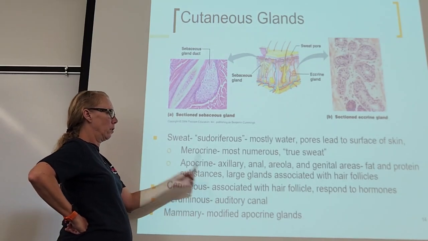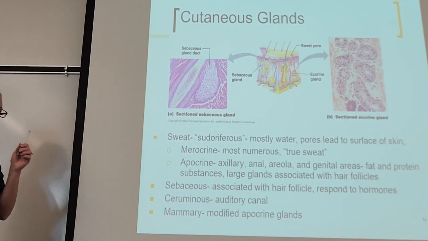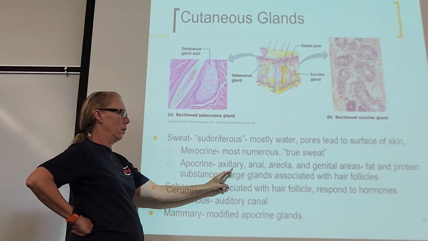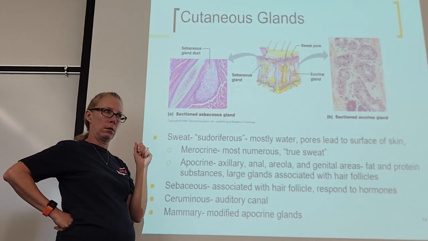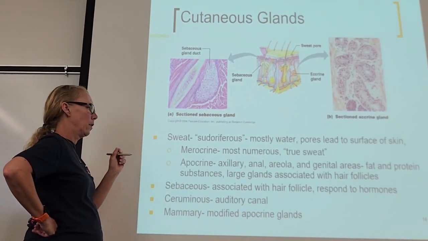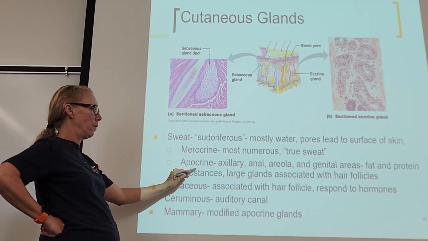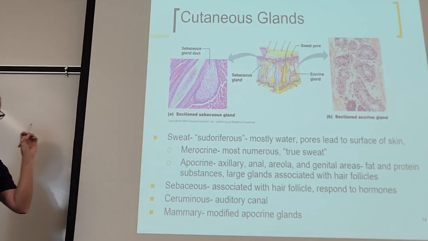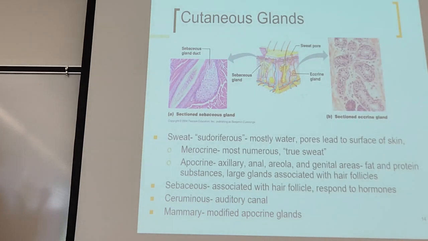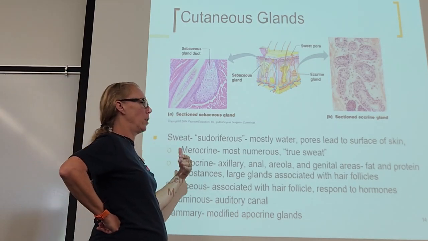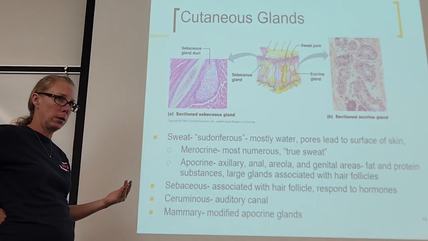Apocrine glands are found in different areas of the body. They're found in your armpits. They're found in your groin. And the fluid that is secreted from an apocrine gland is slightly different in nature. It has a higher protein content than water, and so it becomes associated with some sort of odor.